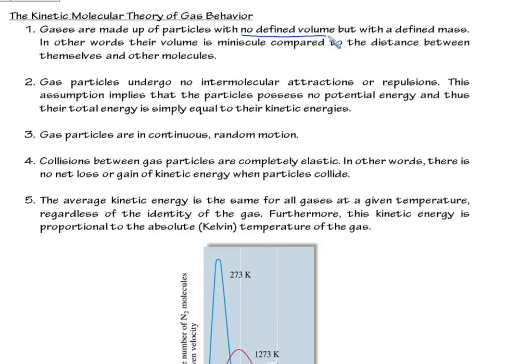If you were to condense all of those gas particles in a balloon as small as you possibly could, the volume would be insignificant, because that balloon really doesn't have that many particles, and they're so tiny and so far apart. That's what they mean here by gas particles have no defined volume. They do have a defined mass, which we said can affect the density of the balloon or whatever the container is. The volume of the particles themselves is insignificant because they're so small and really far apart from one another.